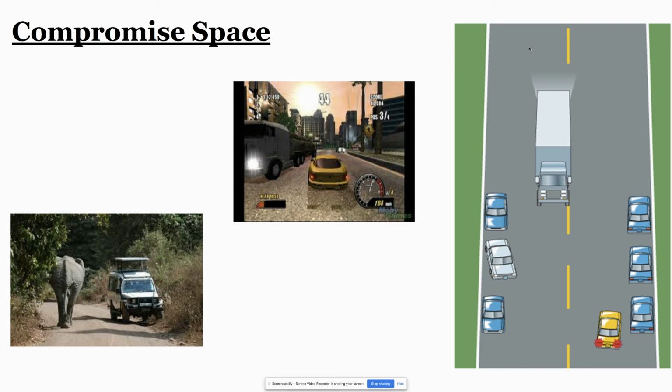Compromise is again another point of looking at multiple hazards. But in this case, it's particularly what is the greater one? And the greater one is moving possibly into my path of travel. So if you look at the one on the right, you see the larger truck moving out of their lane, giving themselves distance from the vehicle that's either parallel parking or coming out of a parking space.